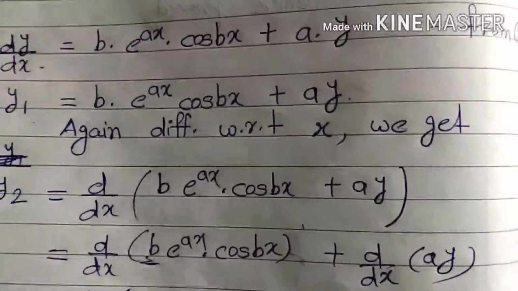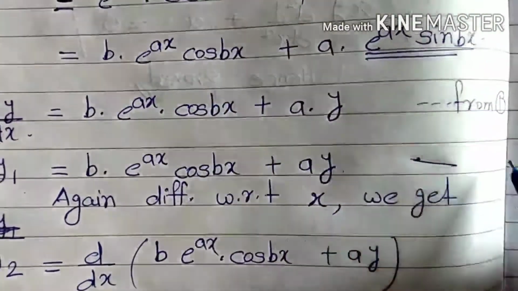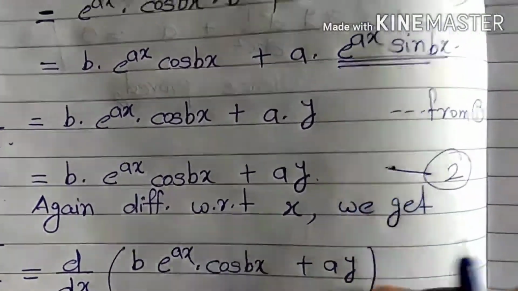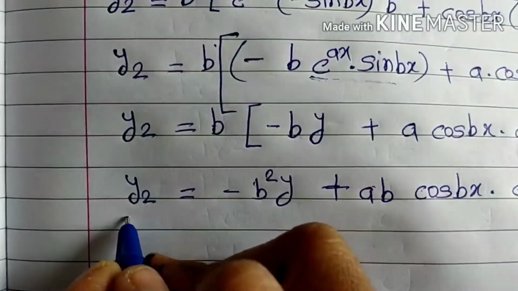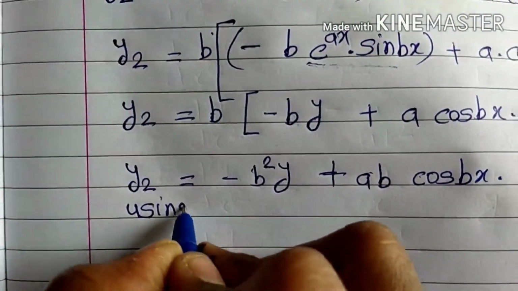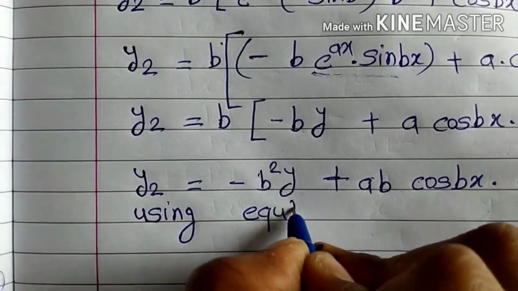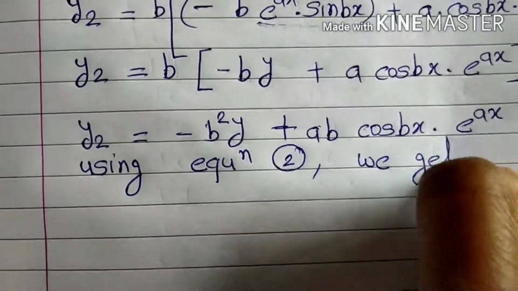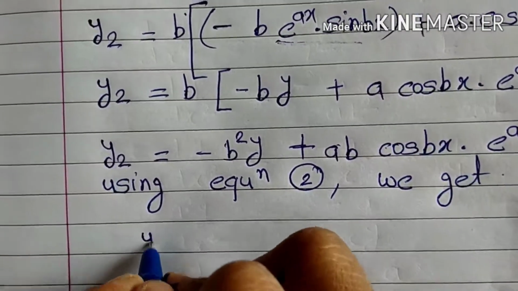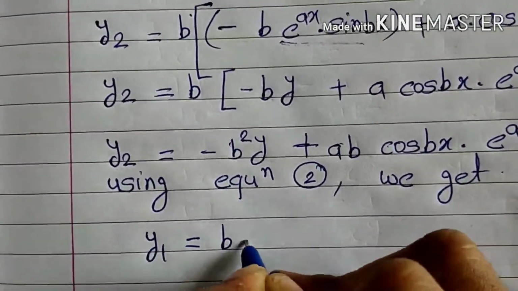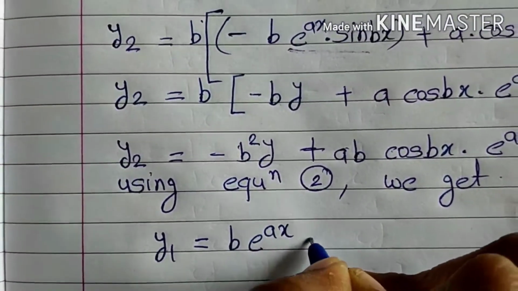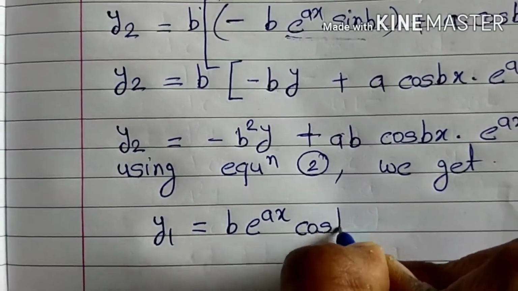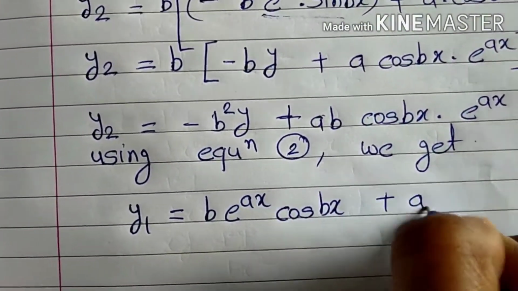Now give it equation third, and use the second equation. Using equation second we get, so what is equation second? y1 is equal to b e raised to ax cos bx plus ay.